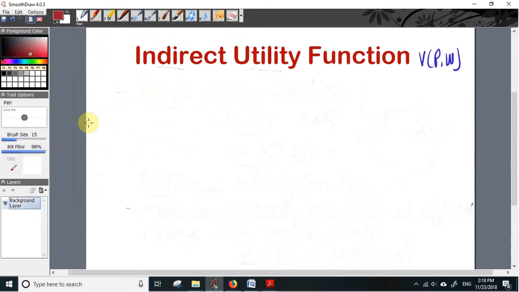Let us take a simple example. The Cobb Douglas preferences can be expressed in the form of utility of x equals the product, where i runs from 1 to n, of xi to the power alpha i.